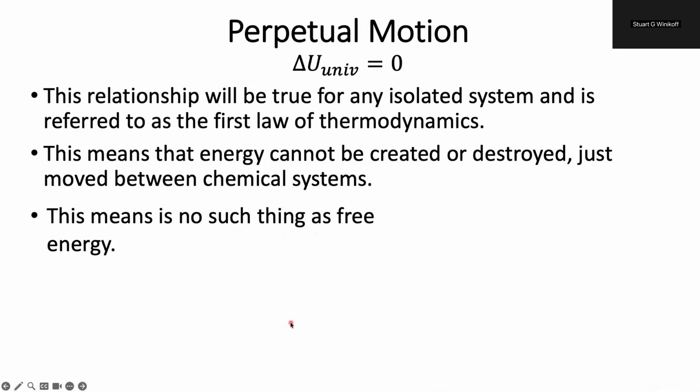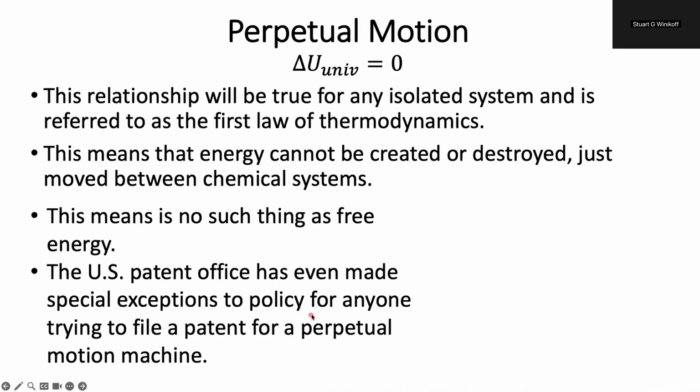Turns out it means there's no such thing as free energy. I can't spontaneously create energy and then use it for a reaction. The energy always has to come from somewhere. And the idea of creating energy from nowhere is kind of the idea of perpetual motion.